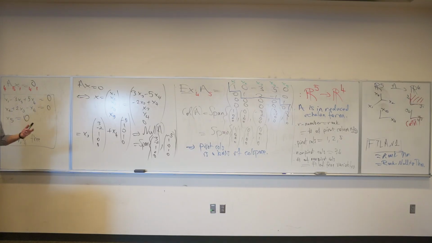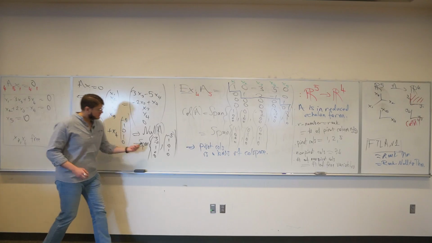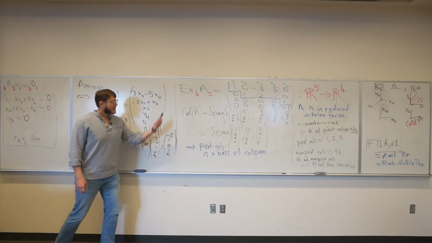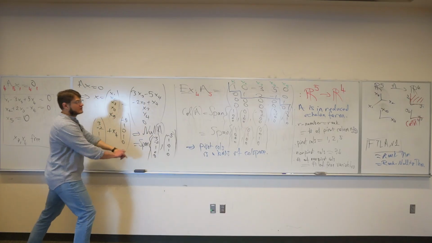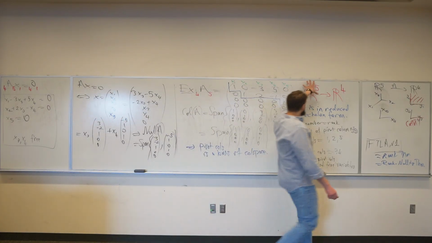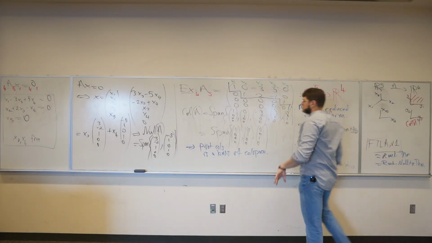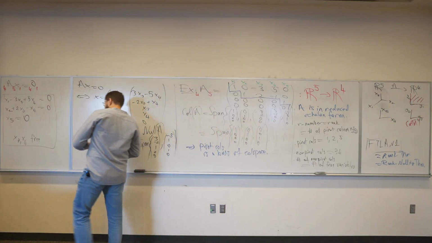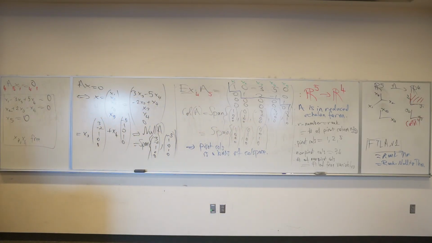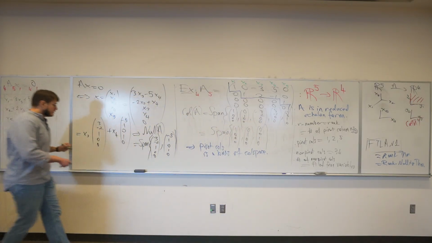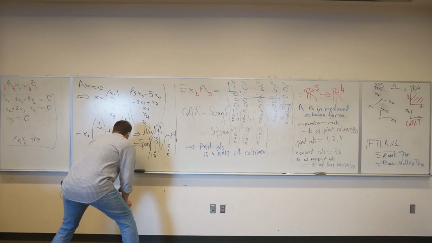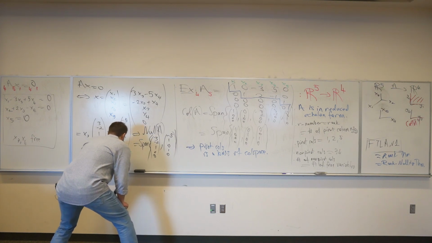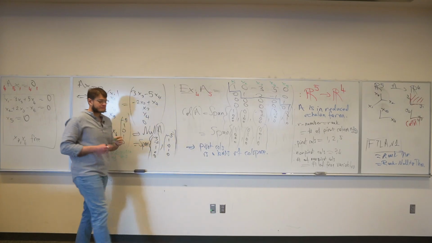Now again, these are 5-dimensional vectors. A goes from 5 dimensions to 4 dimensions. So this is a subspace of R5, of the input space.